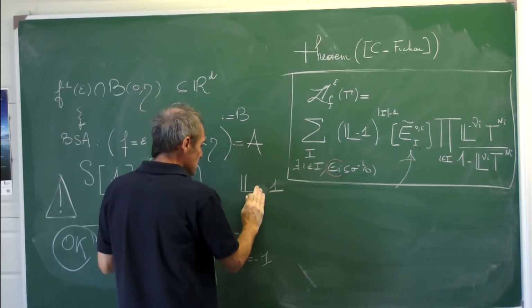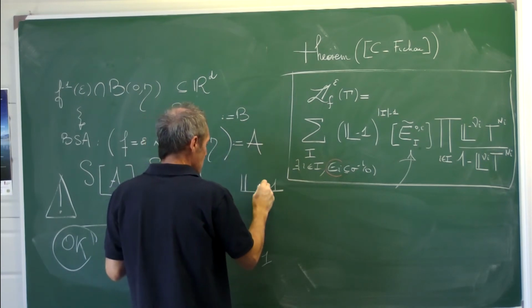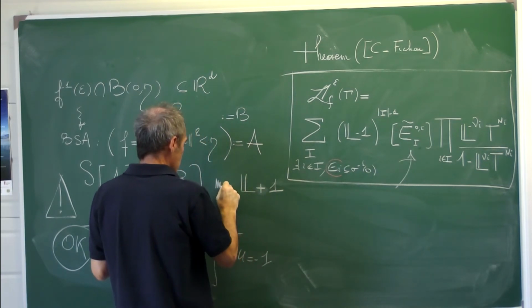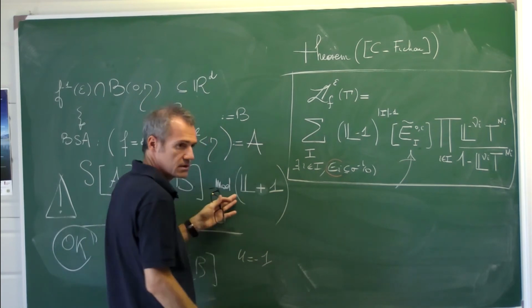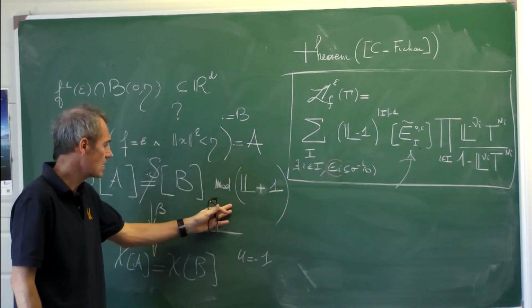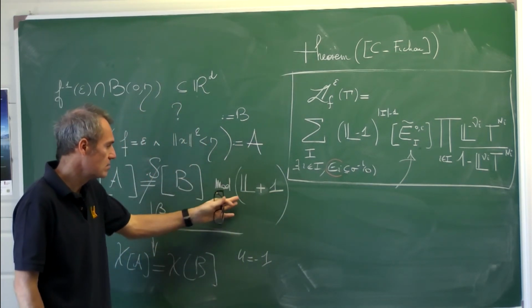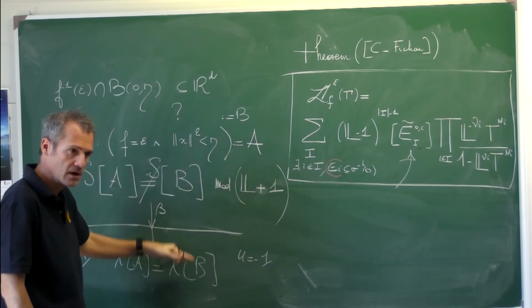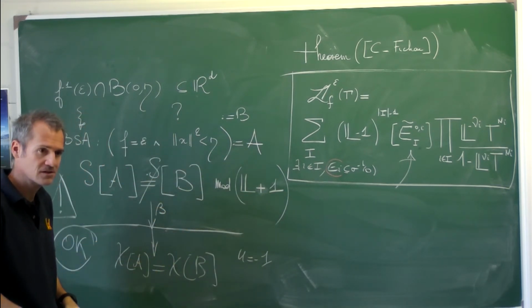It means that in case we have a polynomial expression in L, taking a reduction mod L plus 1 gives the same classes.